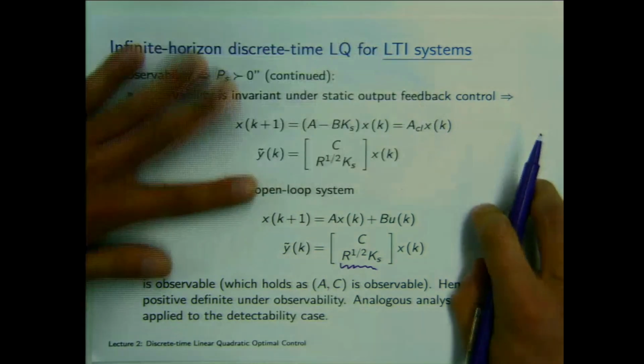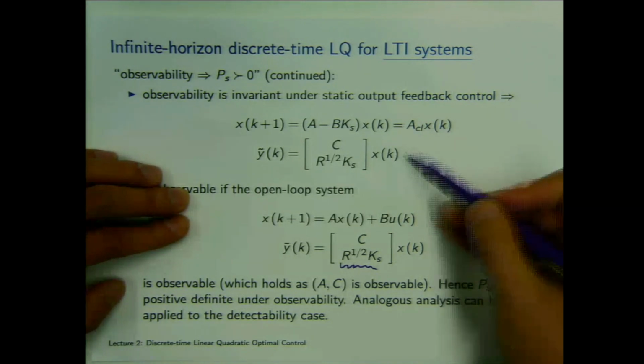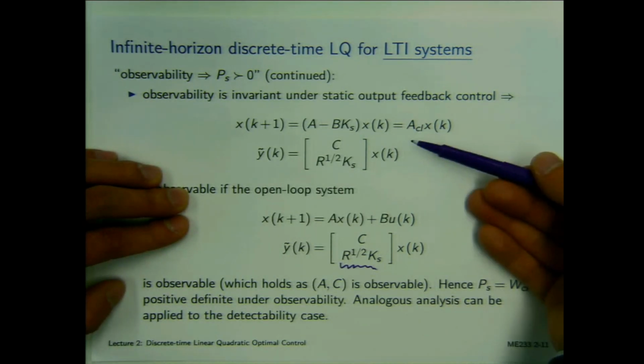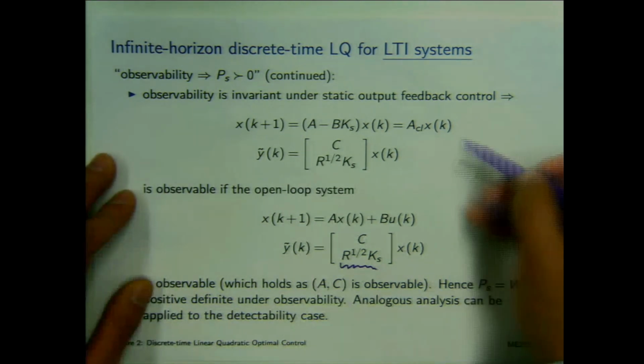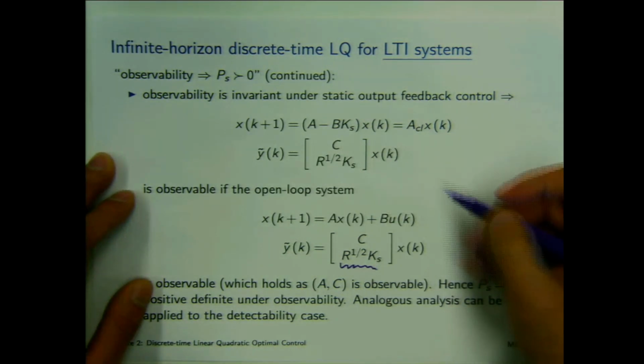Now, I was asking the observability of this guy here, which is the same output, but the state dynamics is a little bit different. But it doesn't matter because this one is the closed loop system of this guy under a feedback control law.